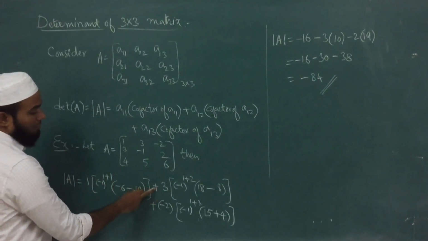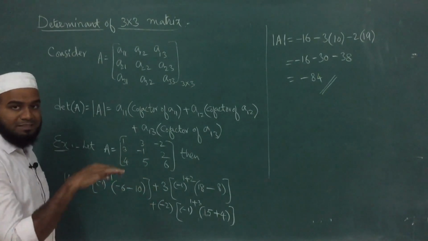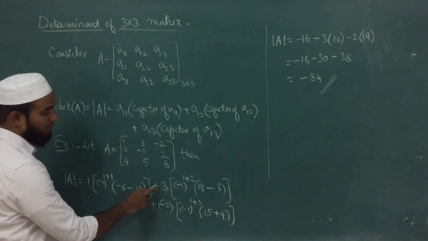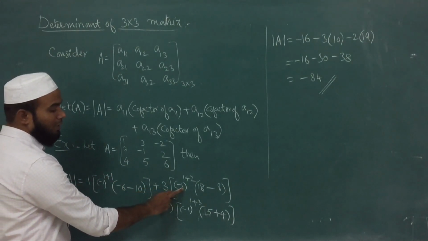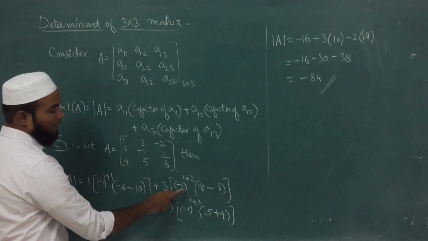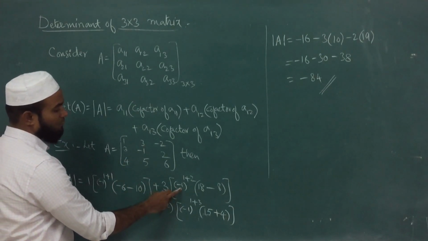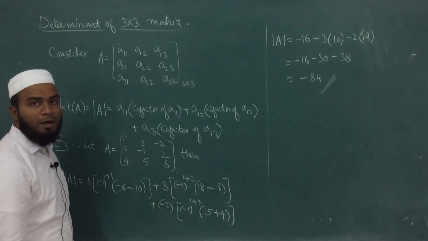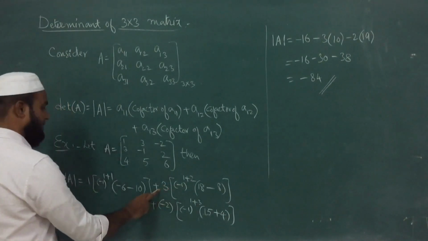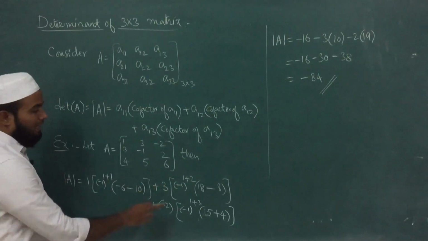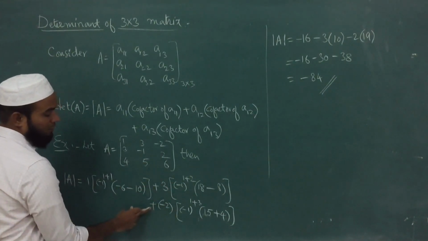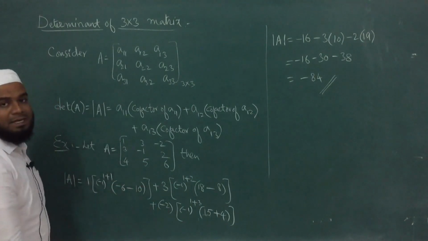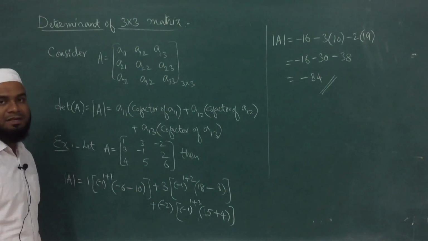Then directly we will consider here minus, because this minus we are getting from the cofactor of 3. When we find the cofactor of 3, we get minus 1 power 1 plus 2, which is odd power. Because of that, we are getting a minus here, right? And then again this will become plus. So that's why in the third entry we will consider plus. This is how we evaluate the determinant.